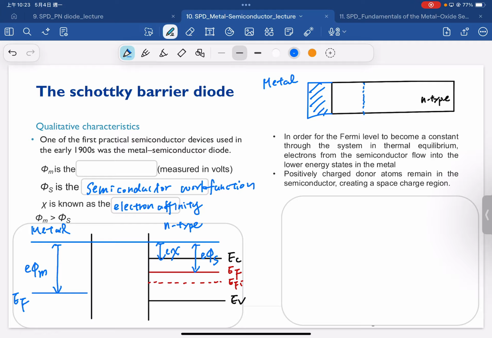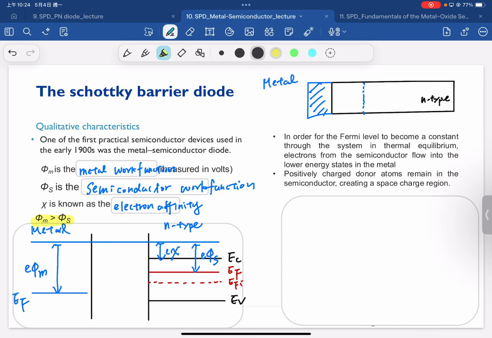So phi m is the metal work function. Based on this band diagram, we have phi s here and phi m here, so this is the case where phi m is larger than phi s. This is the case where the two materials are not in contact yet.